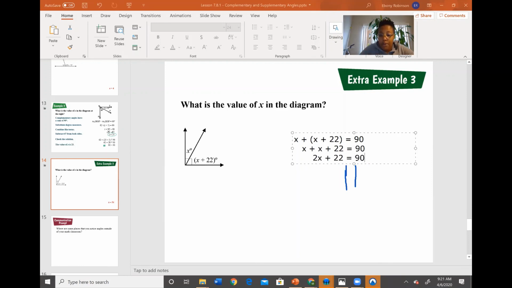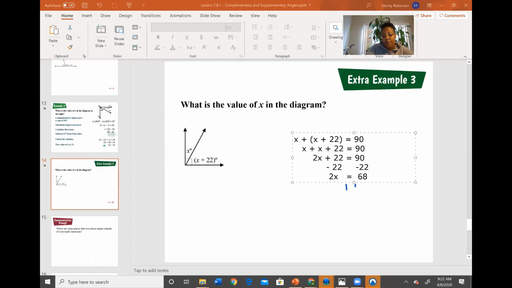I have a two-step equation, so that lets me know I'm going to add or subtract first. Subtract 22 from each side. When I do that, I'm going to be left with 2x on this side equals 90 minus 22, so that's going to be 68.